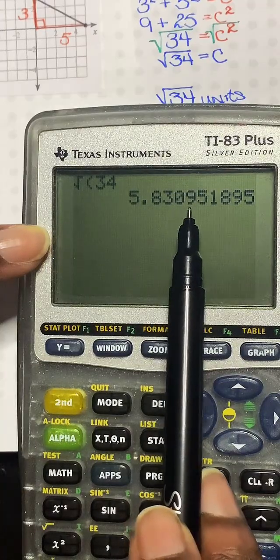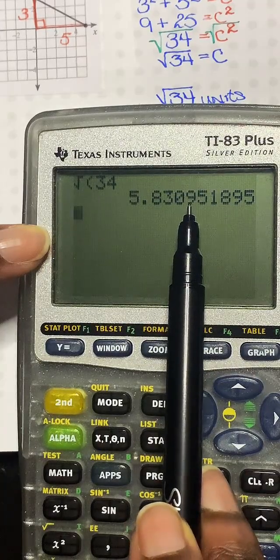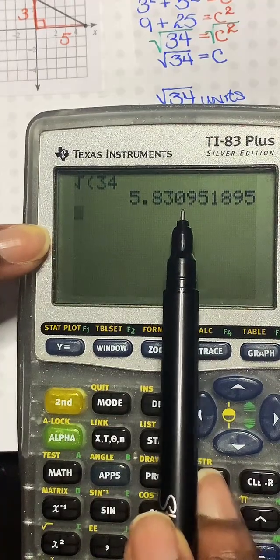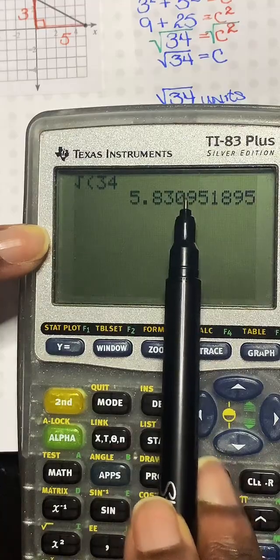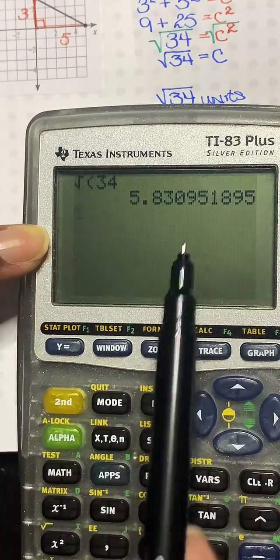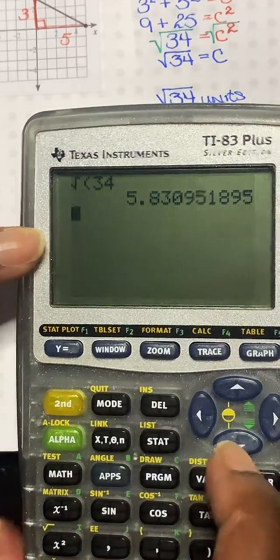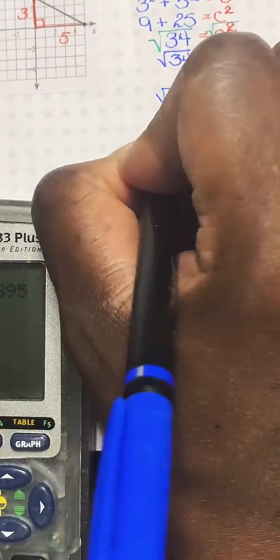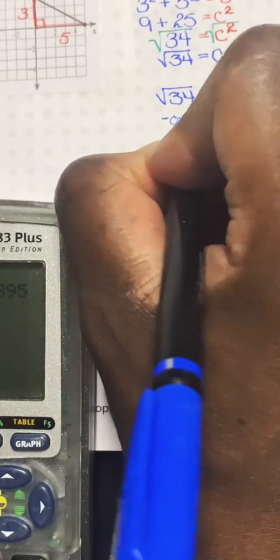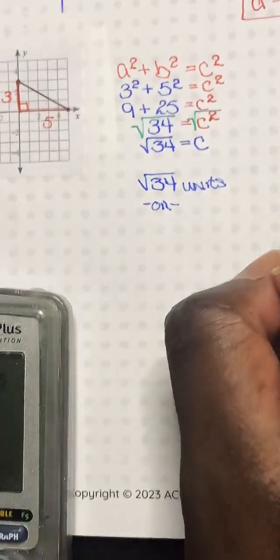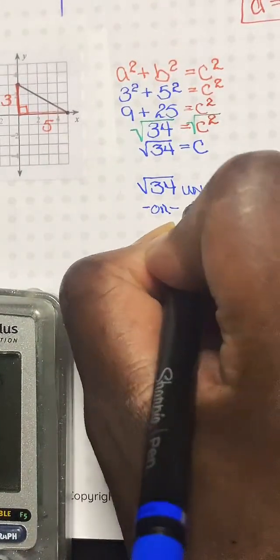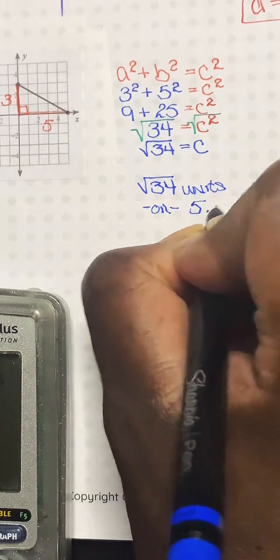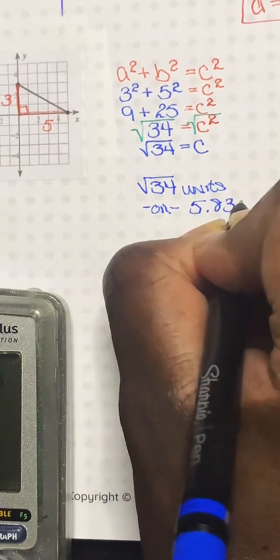If it happens to be a 4 or below, that means 4, 3, 2, 1, 0, then you are not adding anything. You're just dropping everything off to the side and leaving it alone. So if we wanted to, I'm going to put the or, and right next to it have your 5.831.